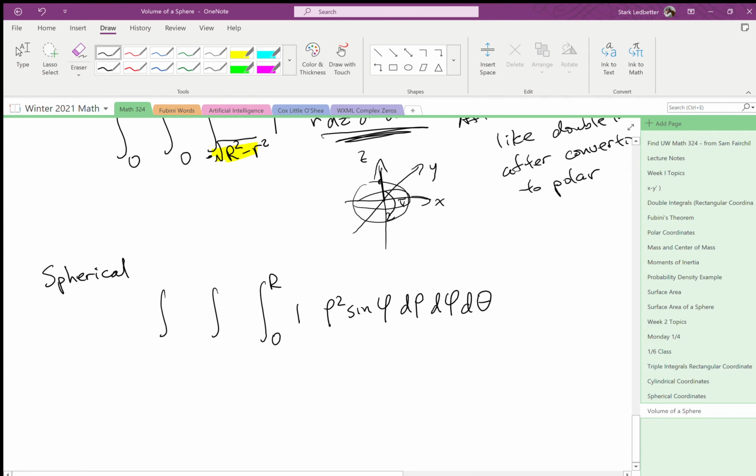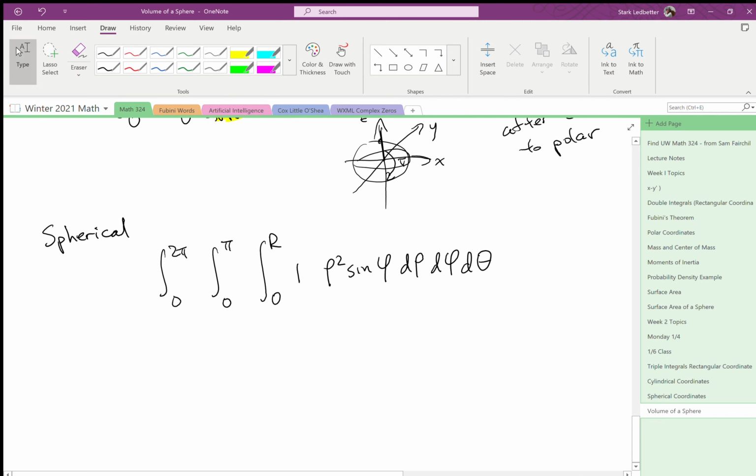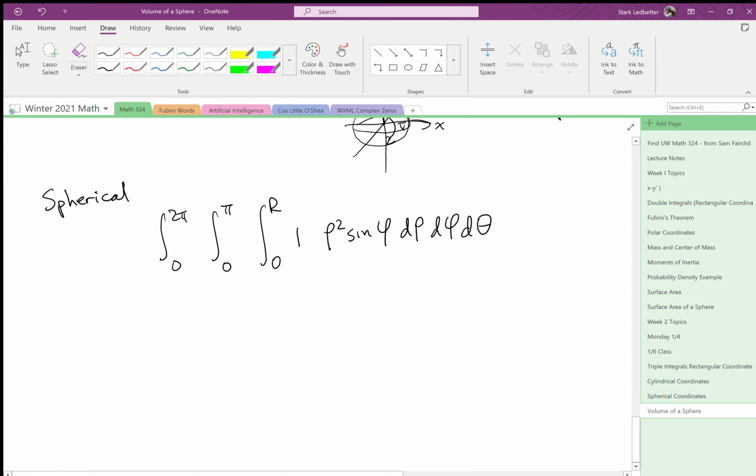So phi goes from 0 to pi, and then theta goes from 0 to 2 pi. Okay, so this seems nice. Take all values of phi and theta as rho goes from 0 to R.